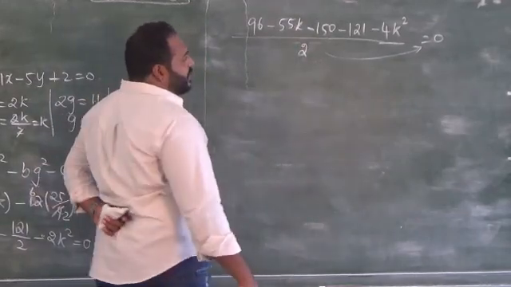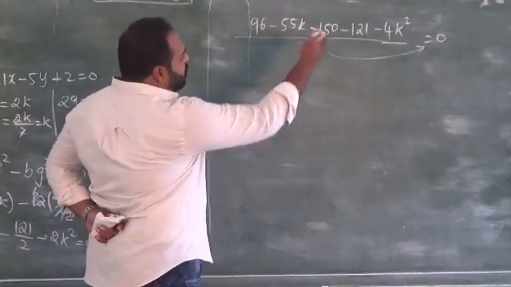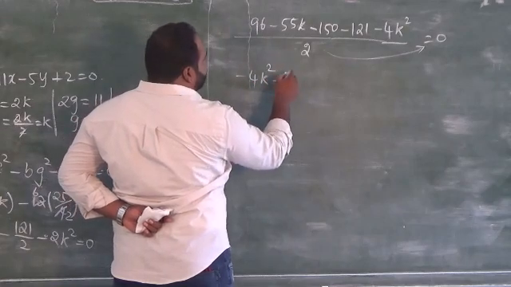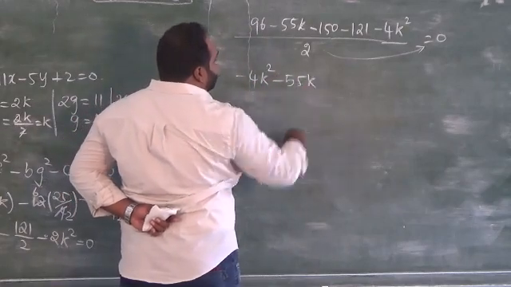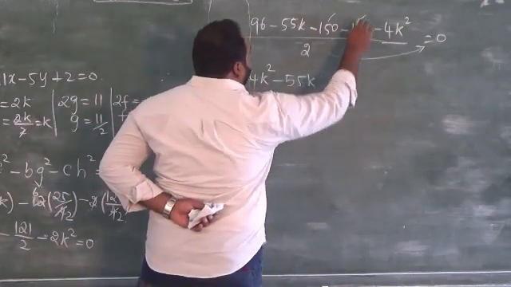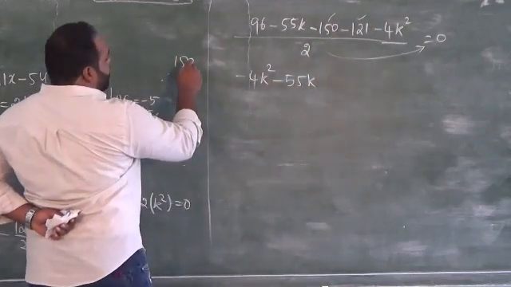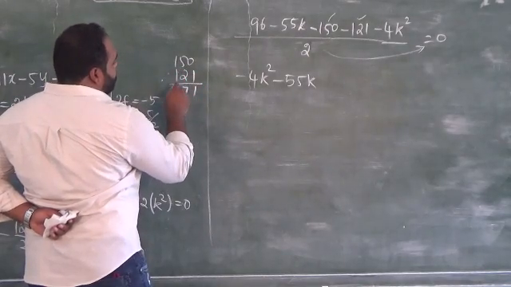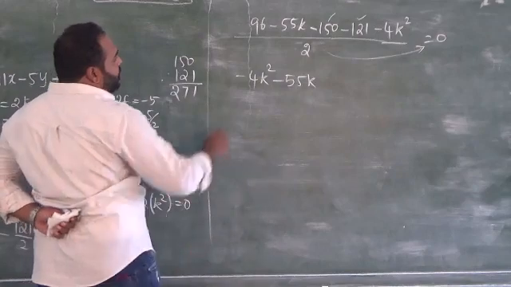So remaining, first the k square term, minus 4k square. Next the k term, minus 55k. Next the values: 96 minus 150 minus 121 is minus 175.